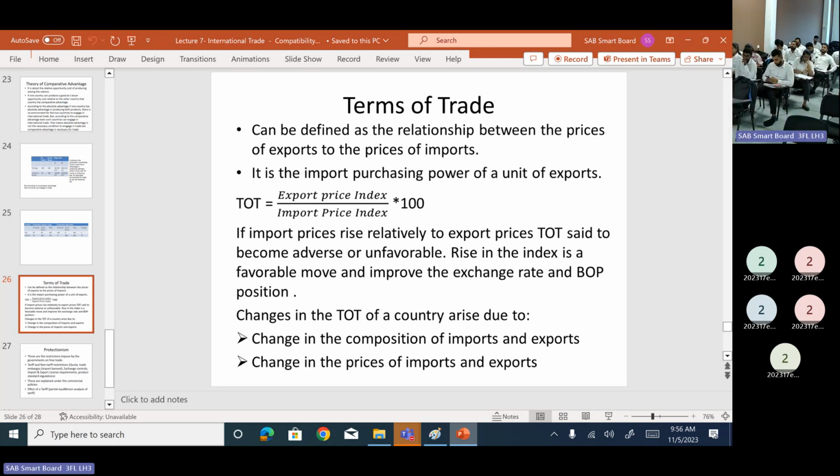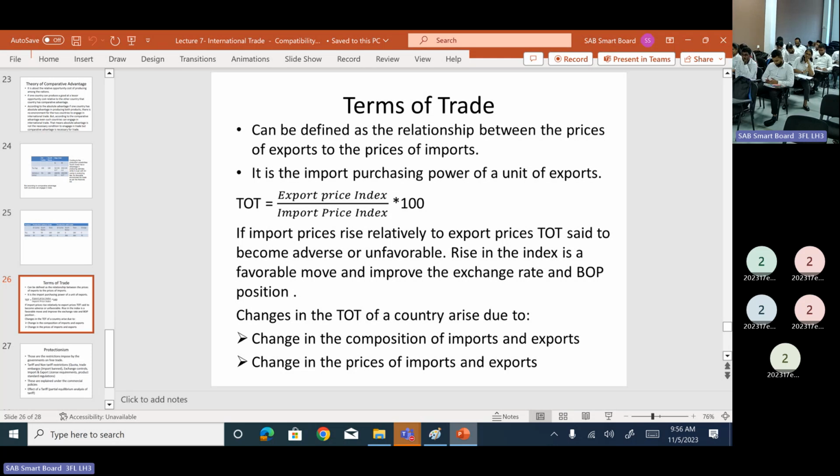So now, basically, the terms of trade changes maybe due to the change in the composition of exports and imports. A rise in exports is a good move.